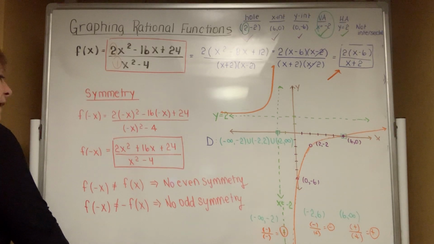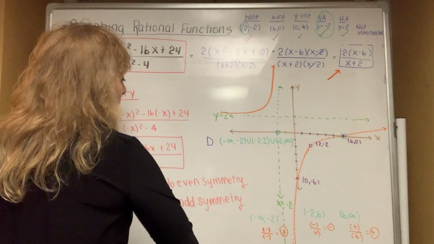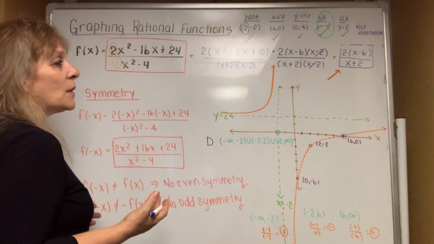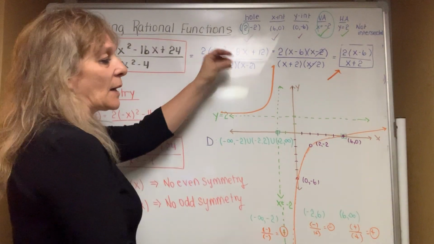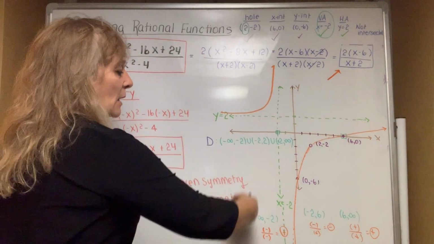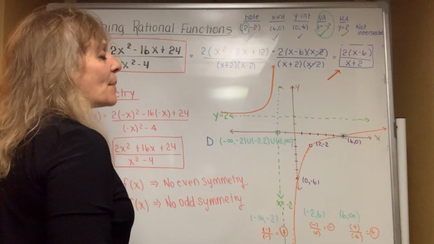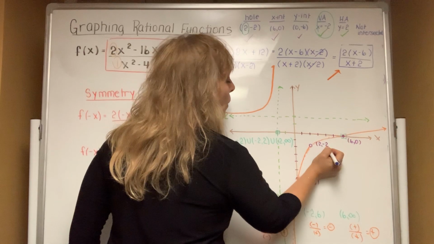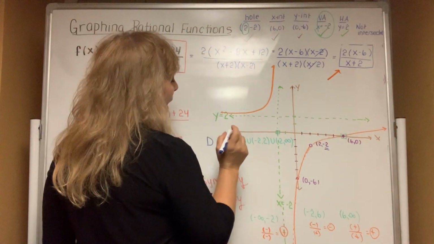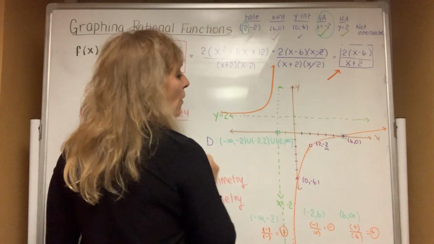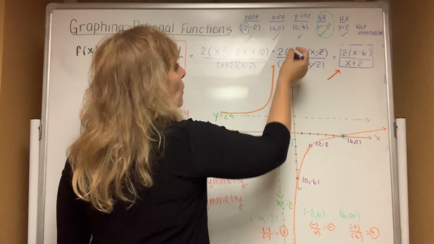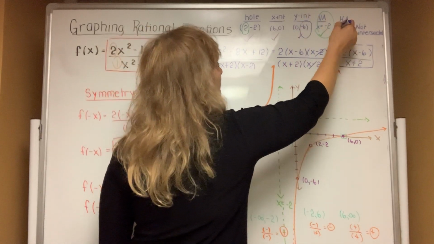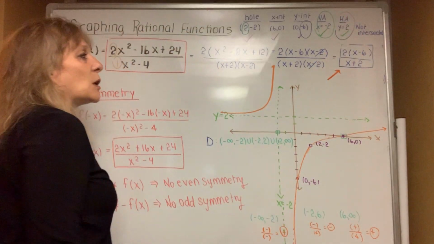The range is not as easy. When you are doing the range, you have to look at the picture. You have to look to see if you have any onto sections, which you don't. Something that goes from bottom to top without any gaps. Then you got to look for y coordinates of holes and the possibility of a horizontal asymptote.